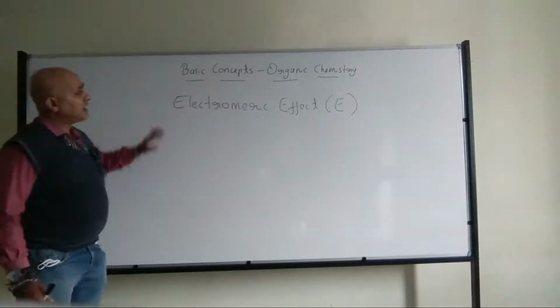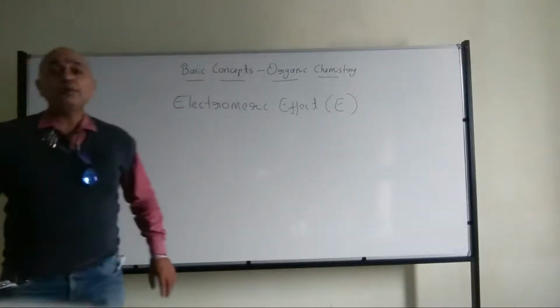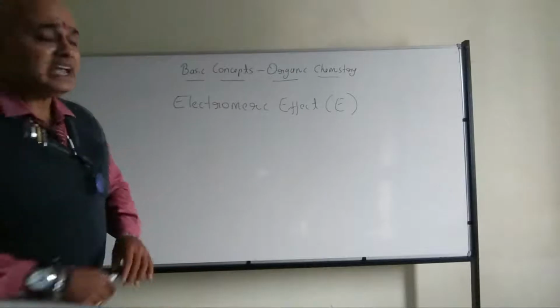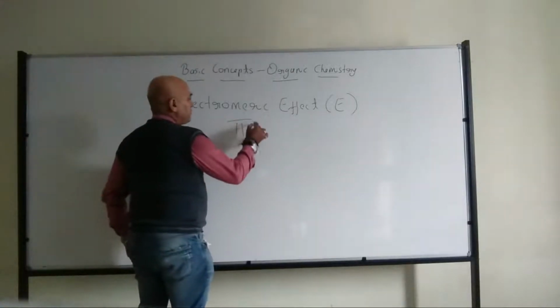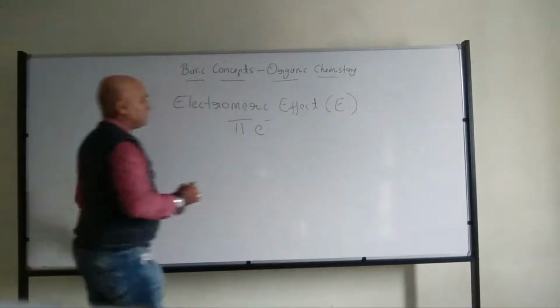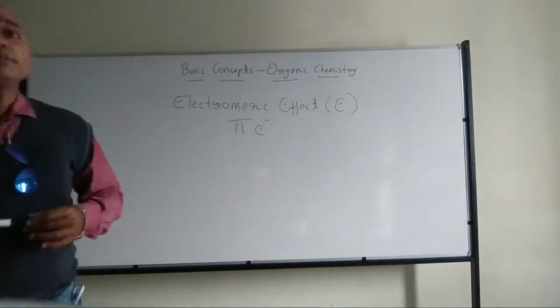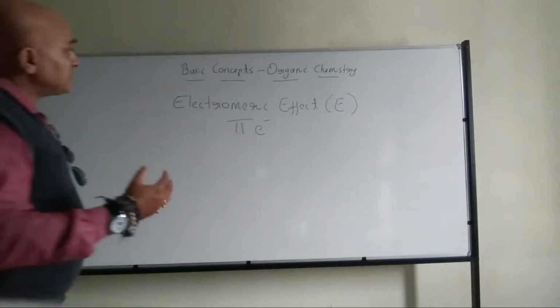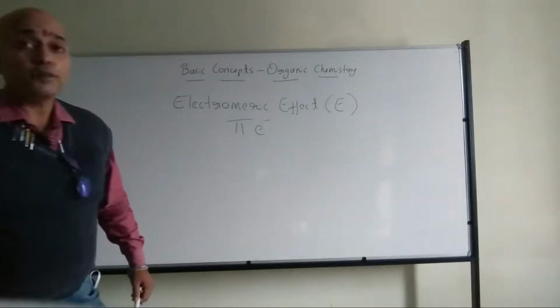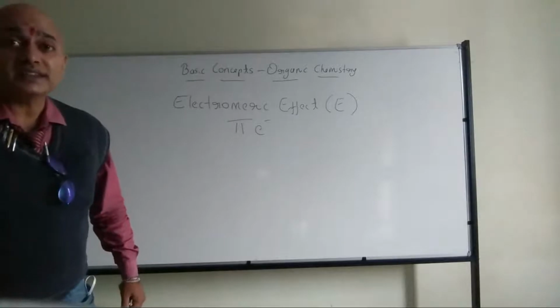Fine? So however, when I am talking about electromeric effect, once again it will be found when there is a presence of pi electrons. What is the difference between electromeric effect and resonance effect then?